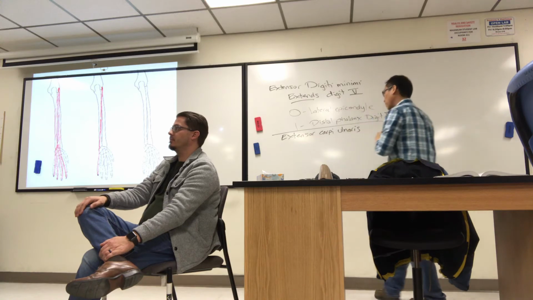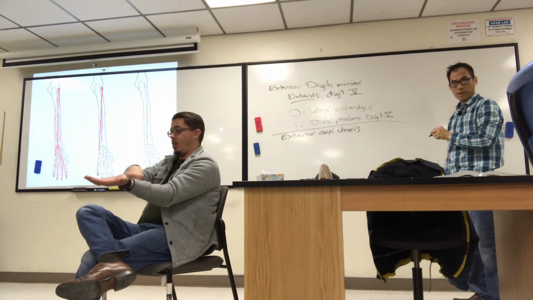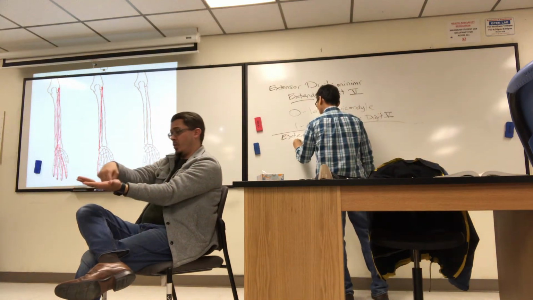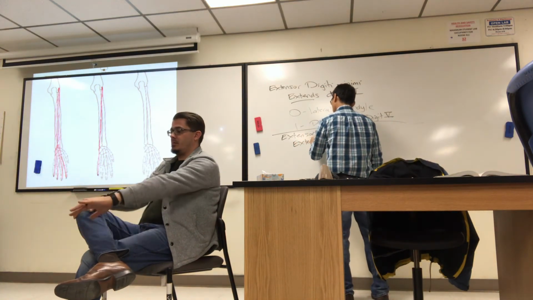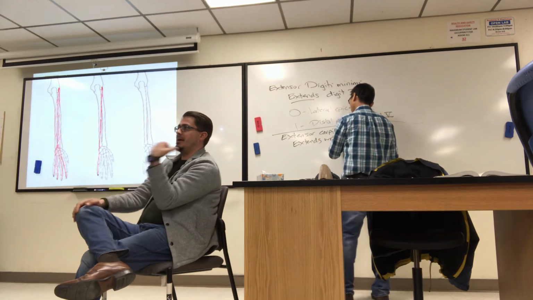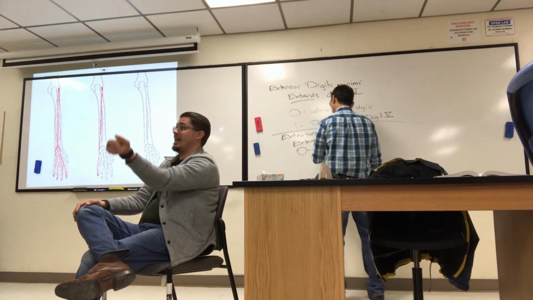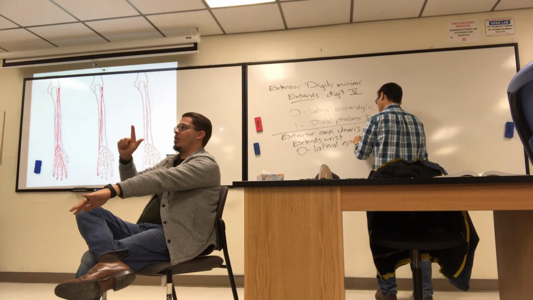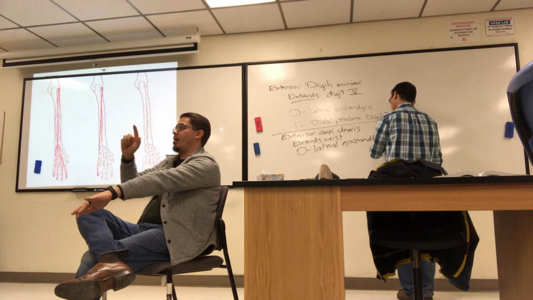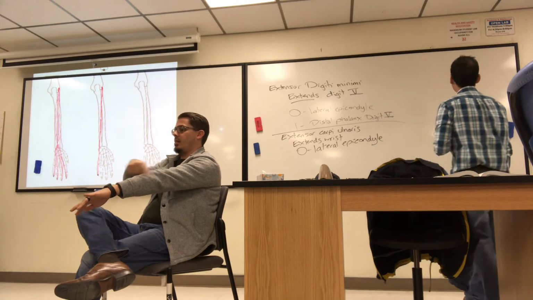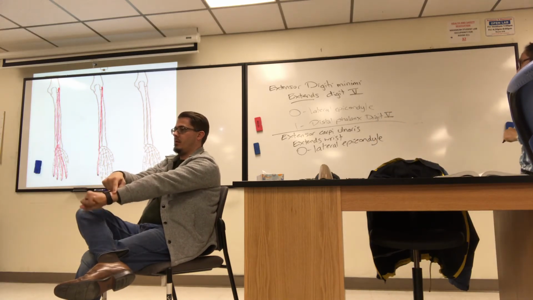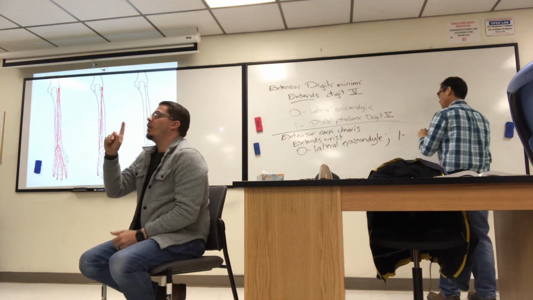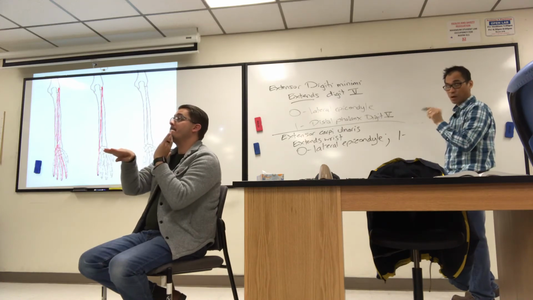Now the extensor carpi ulnaris, it's on the ulnar side, it extends the wrist, but it still originates lateral epicondyle, so I'll put what I said first. Extends wrist, originates lateral epicondyle. And inserts base of 5th metacarpal.